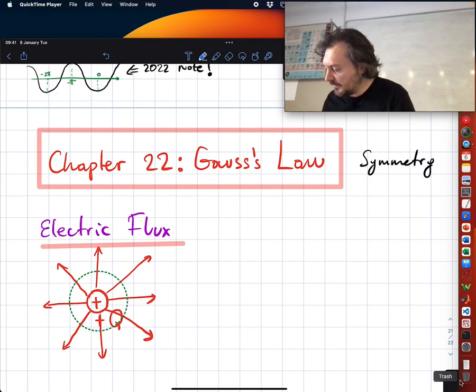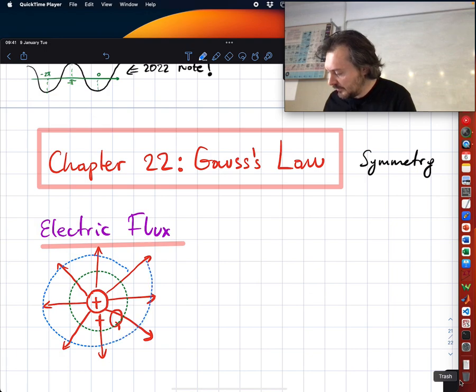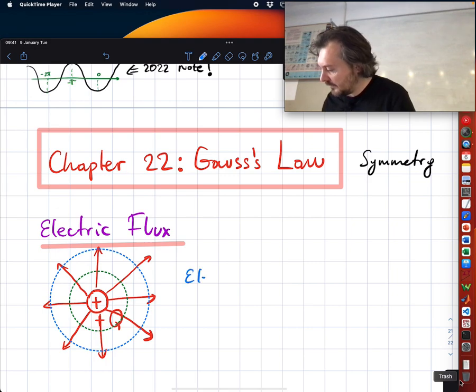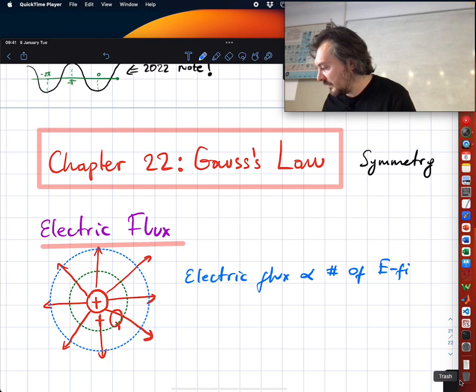How many lines if you go here? Same. So electric flux is proportional to the number of electric field lines.